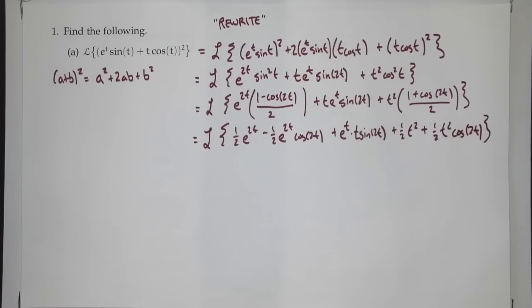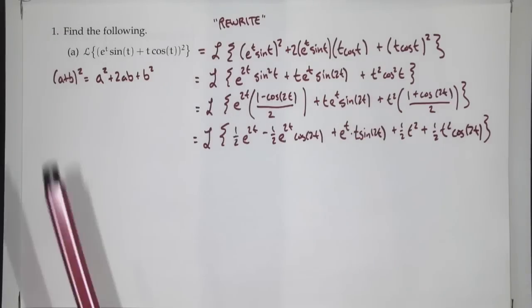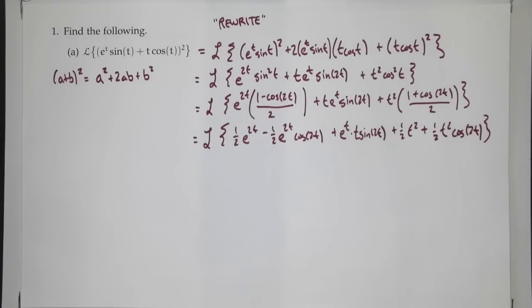Now, that's a lot of work, but we haven't done that much surprising. We've applied rules to help us expand, group, gather, rewrite. Rewriting is one of the first steps in taking our Laplace transforms. And now we go through and we sort of say, okay, how do we feel about things?